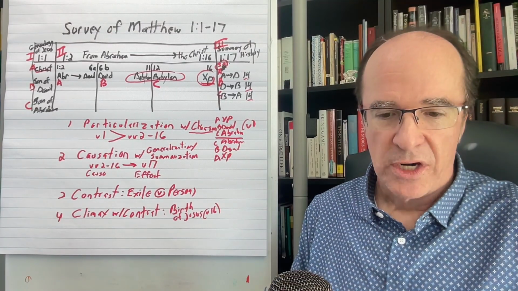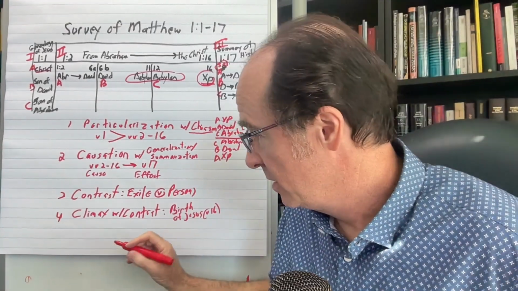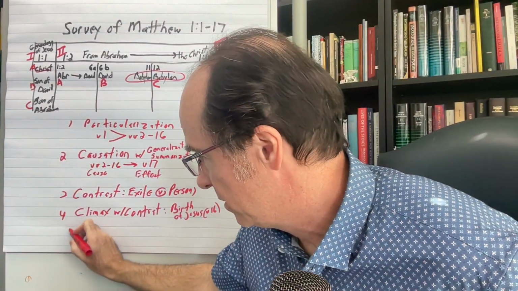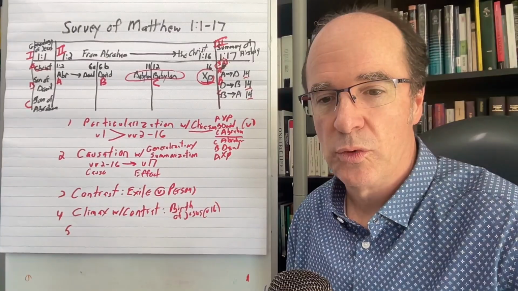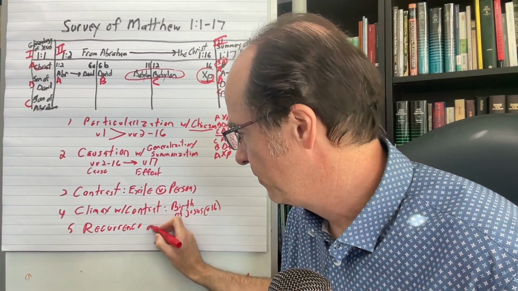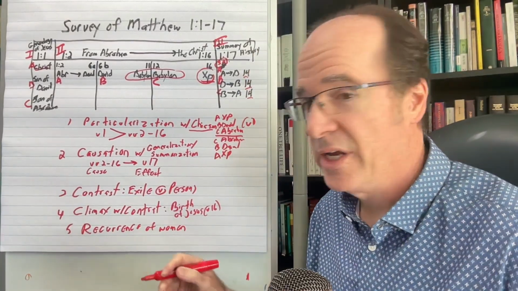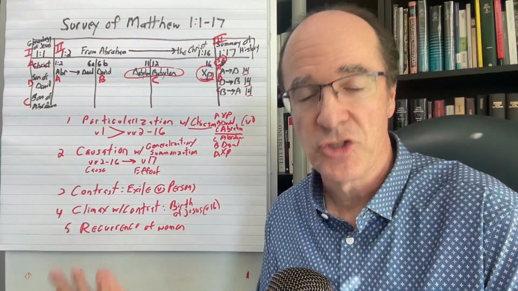Okay, another structure. We have some recurrences that take place. The recurrence of women. Because you probably noticed that most of this genealogy is so-and-so begat so-and-so, right?